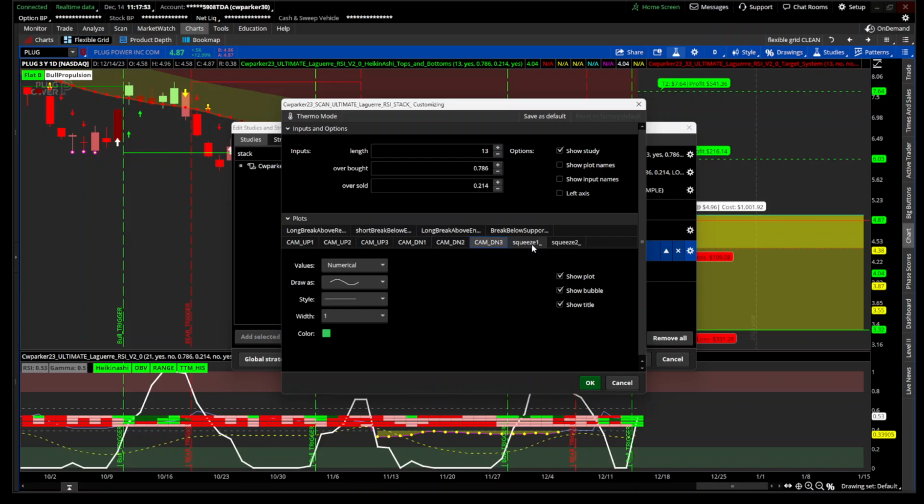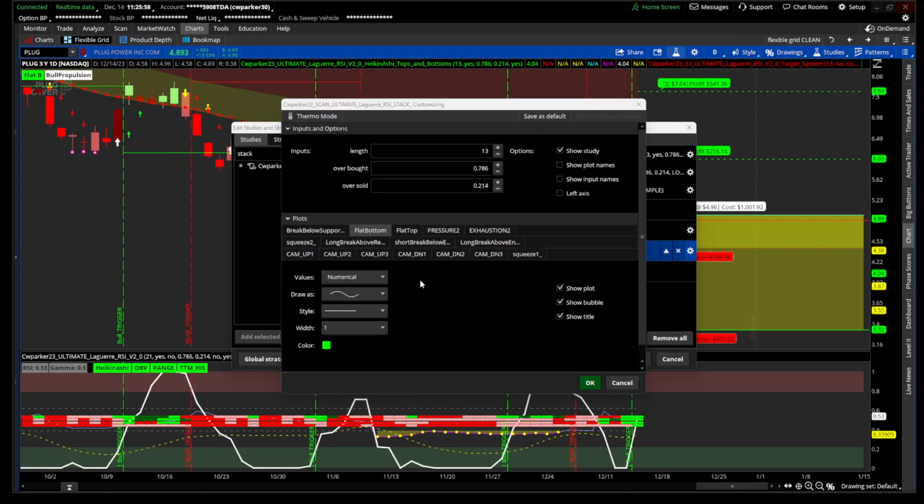And you have the squeeze. Squeeze 1 is the dark blue, Squeeze 2 would be the cyan color. And then you have your oversold and overbought, and this all goes according to the Laguerre RSI.